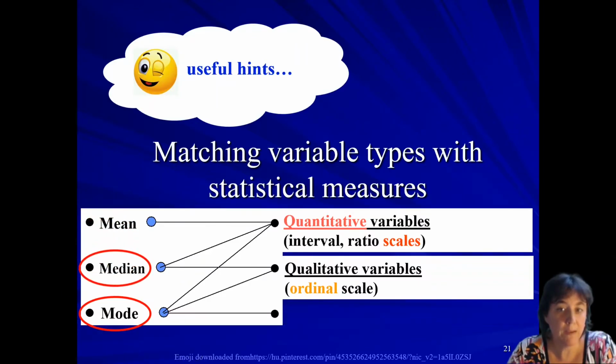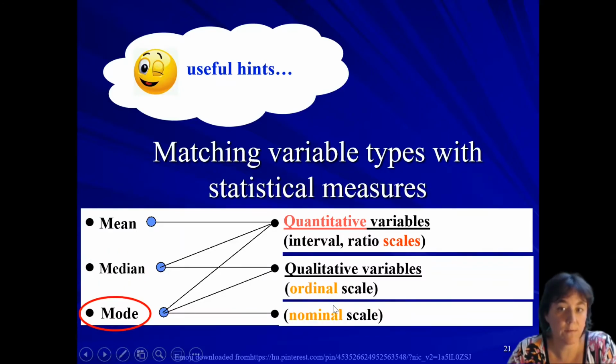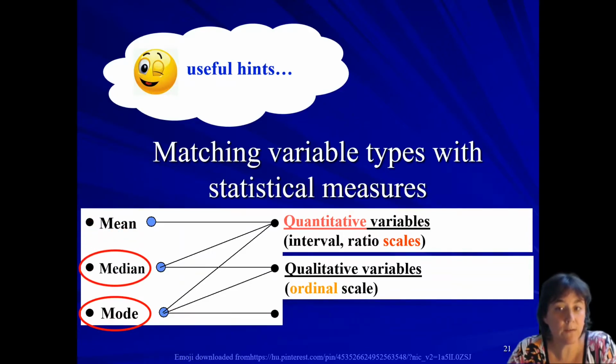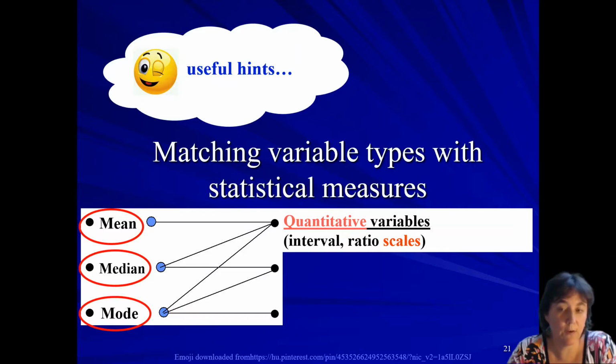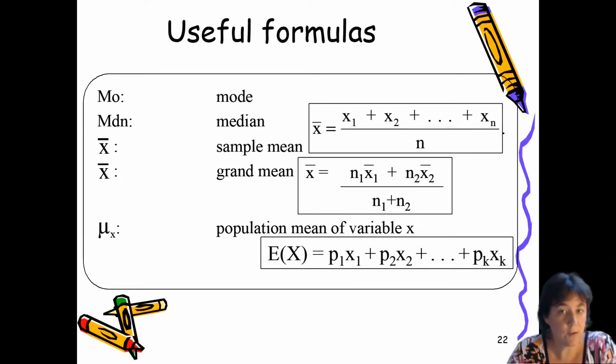However, for the median, just forget about the nominal scale, and you can stick with ordinal scales and up. Whereas with the mean, all you can have is quantitative variables. So maybe it is easier to remember this way. These are the useful formulas for central tendencies.